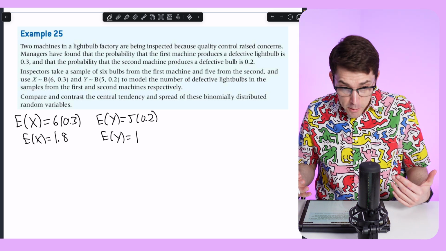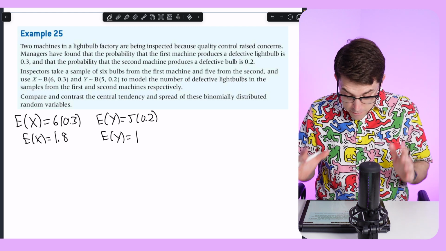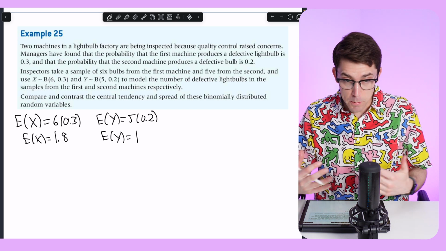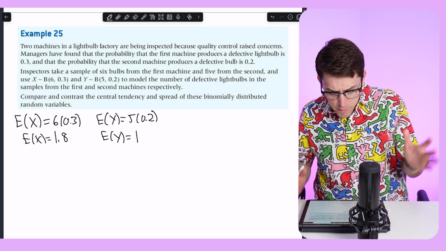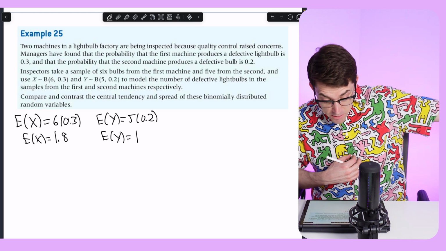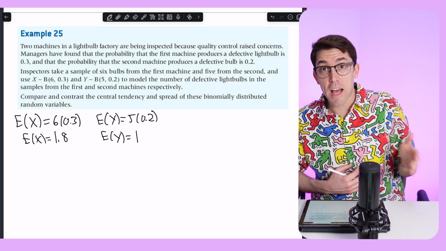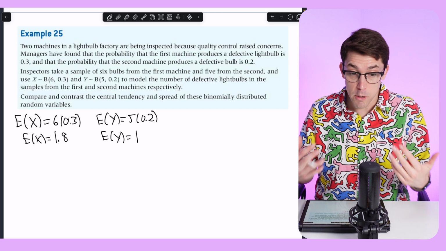So what I can say here is that X has a higher expected value. It has a higher number of expected broken light bulbs, on average of course, about twice as much. So on average, machine X, the first machine, is going to have twice as many broken bulbs as the second machine. That's one way to interpret that.